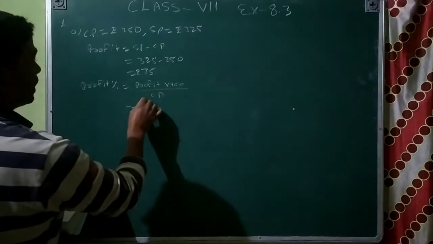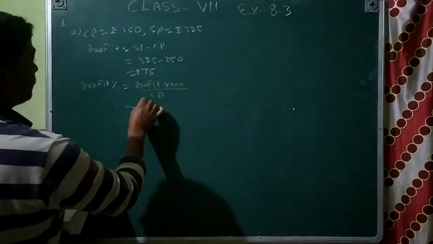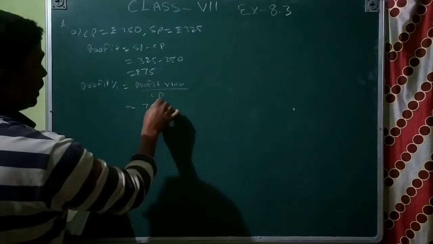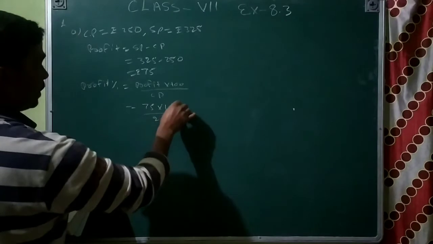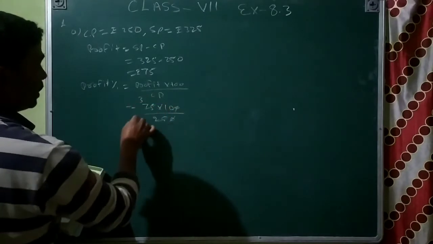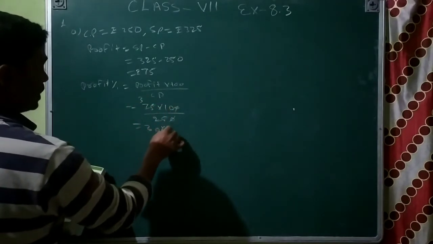So profit is 75 rupees, and 100 upon CP, which is 250, and then 0 cancels by 0, that is 3. So that is a 30% profit.